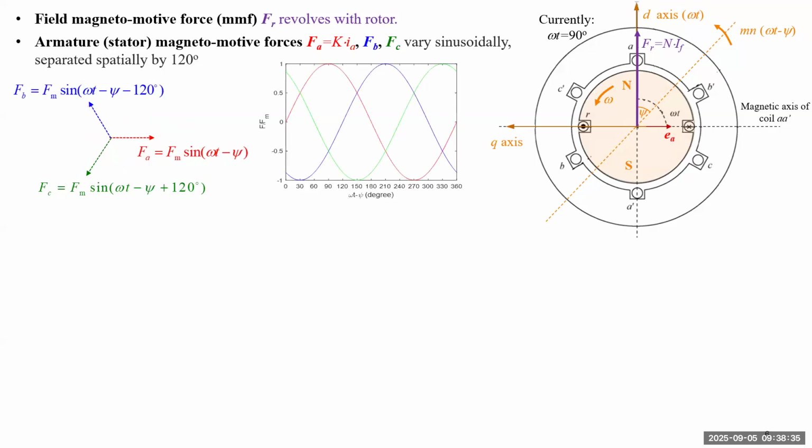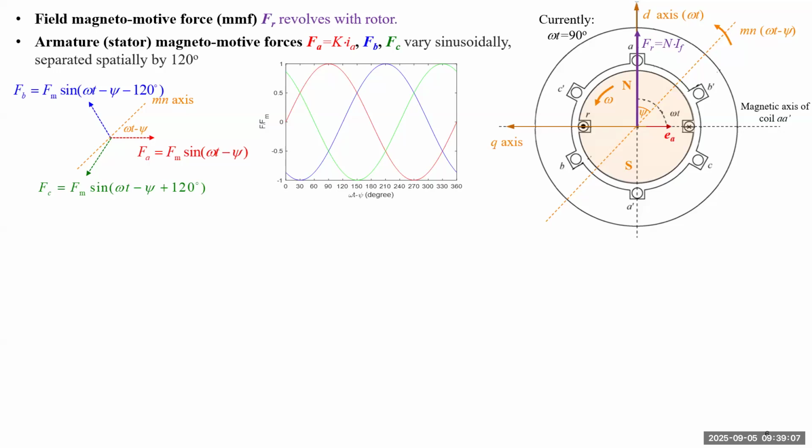Okay, as I said, we need to measure the lengths of each magnetomotive force. We have to draw the 3 winding currents, then multiply by K, and that will be the actual value of the magnetomotive force. So each one will be a sinusoidal function. Another thing we have to know is that the picture shown is only for the moment when the voltage in winding A reaches a maximum value.